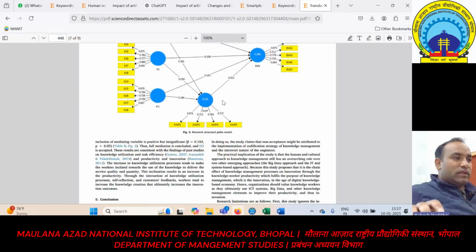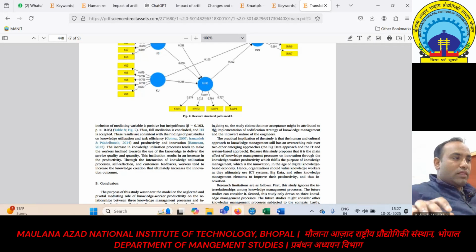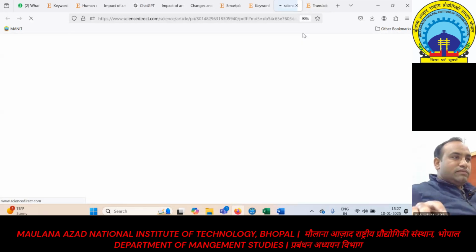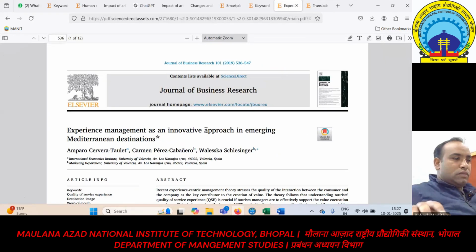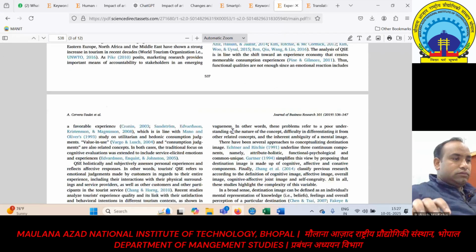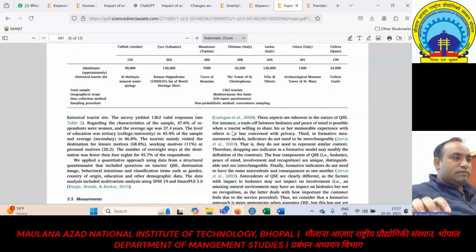This is the outcome we have discussed. We typed it manually, but here he took the image from SmartPLS. These are the R square values. Whatever the model is, the analysis is the same for all.